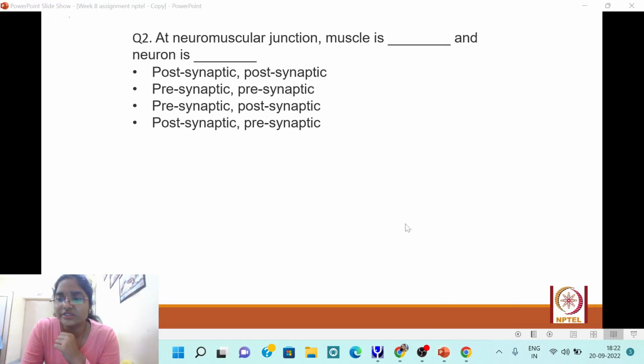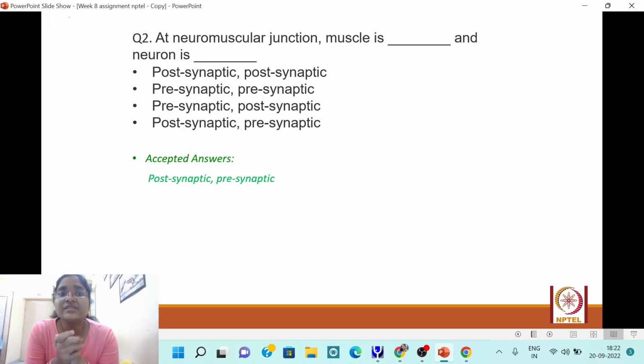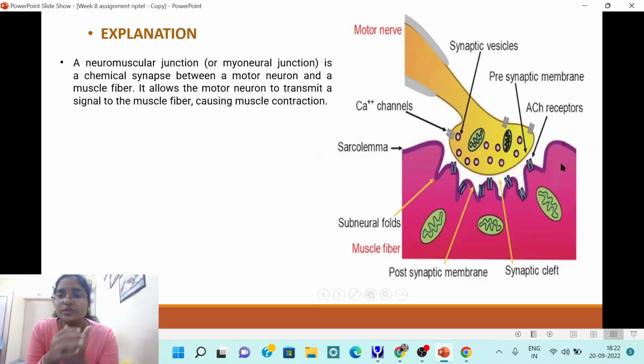So we'll see the correct answer. Whoever has answered, they have answered correctly. It is option D: at neuromuscular junction, muscle is postsynaptic and neuron is presynaptic, right? Here you can see a diagram of a neuromuscular junction.